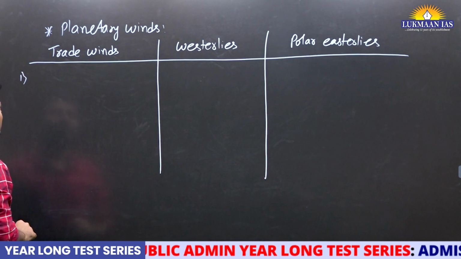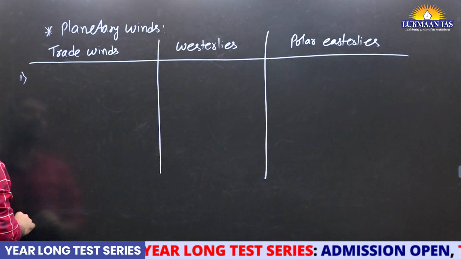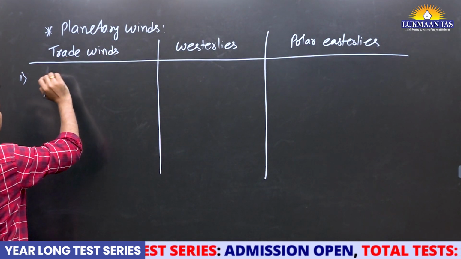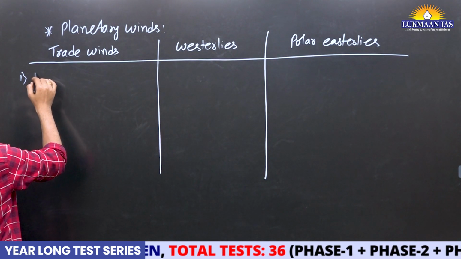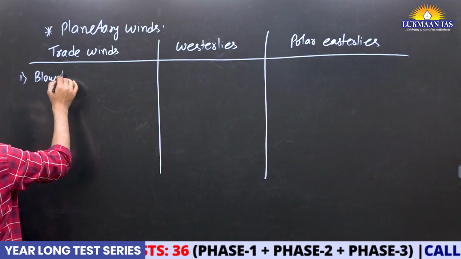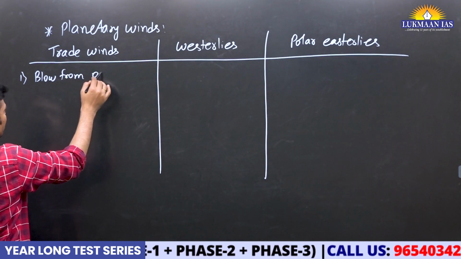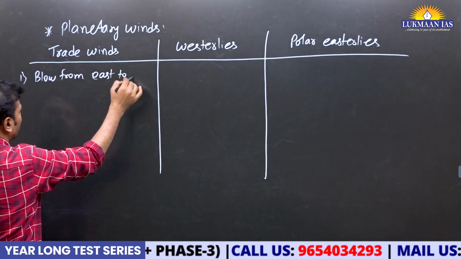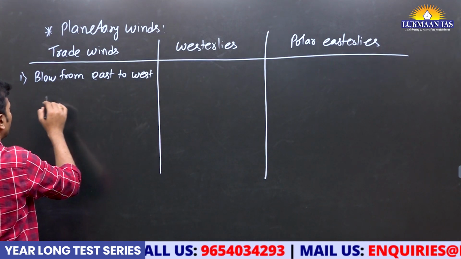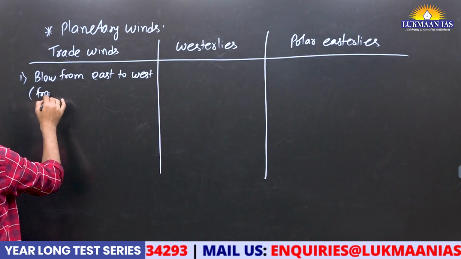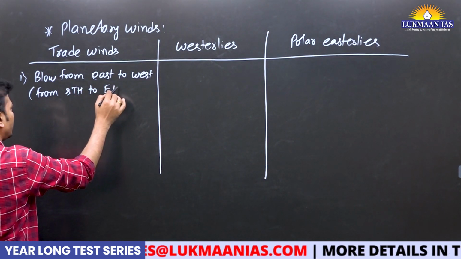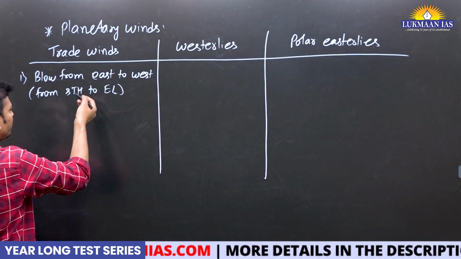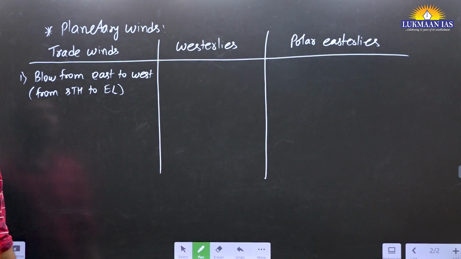Just now I told you why they are called trade winds or easterlies. Simply we need to know that they blow from east to west, from subtropical high to equatorial low. See, I am writing short forms because I hope you know this now.